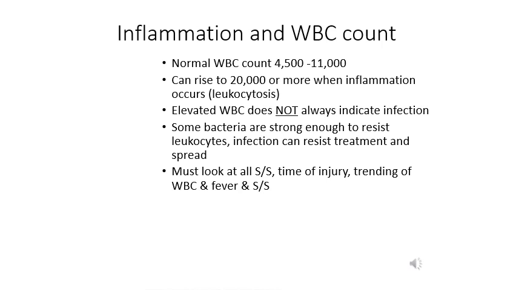Elevated, again, does not mean that they have a systemic infection, but it is certainly more likely to see in those that would have a post-op infection or other type of infection from another cause. Again, some bacteria are strong and may resist the leukocytes, so infection can resist treatment and spread, for example.